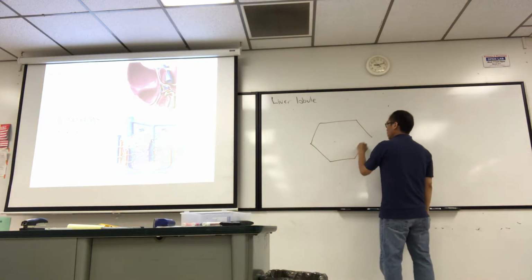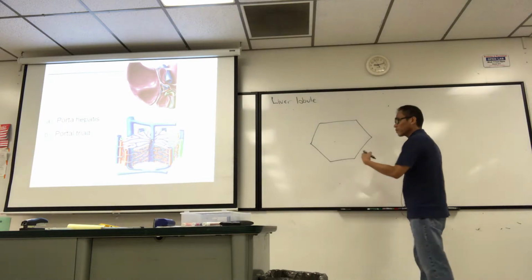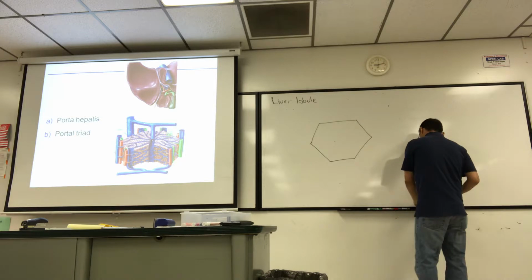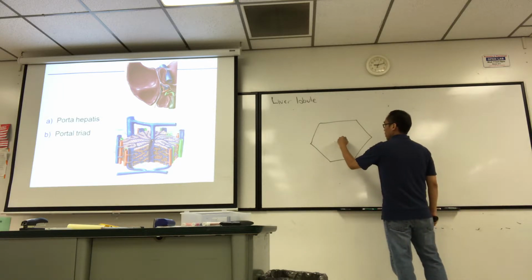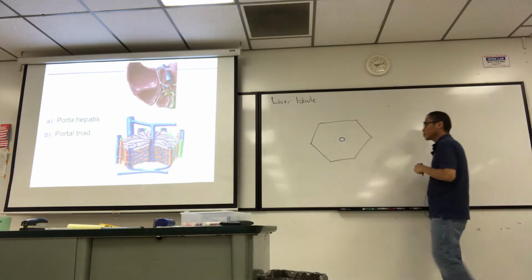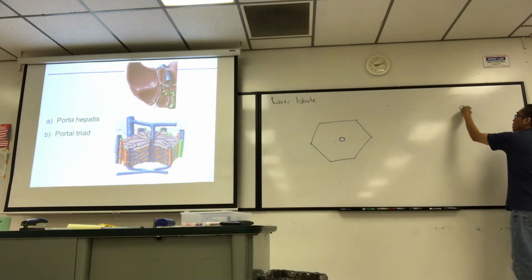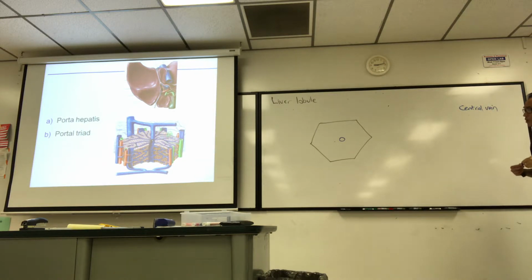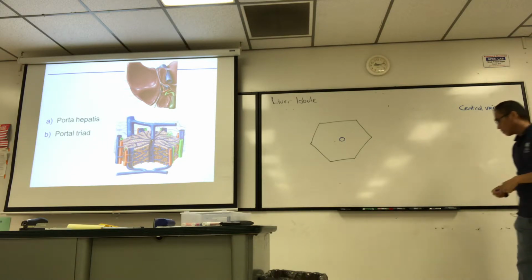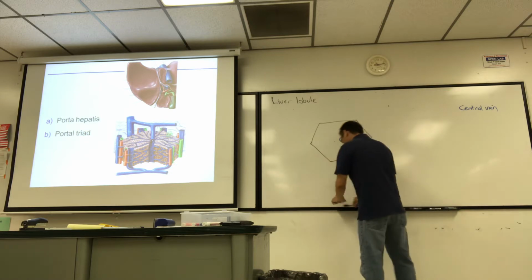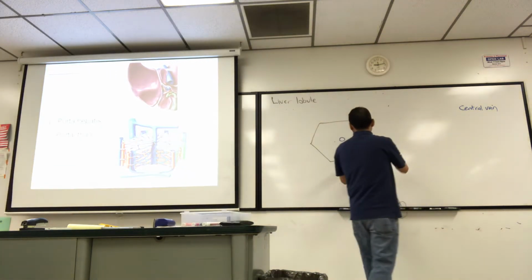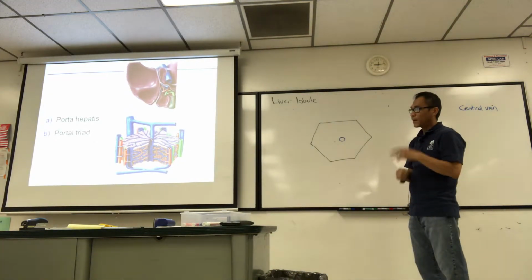I want to draw the little liver lobule. And you've got the central vein right in the middle. If you can't remember which one's the central vein, just remember it's in the center. So don't make it hard on yourself. Now, on each corner, you have a portal triad, a set of three things.